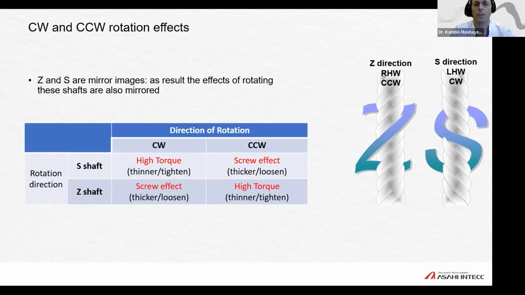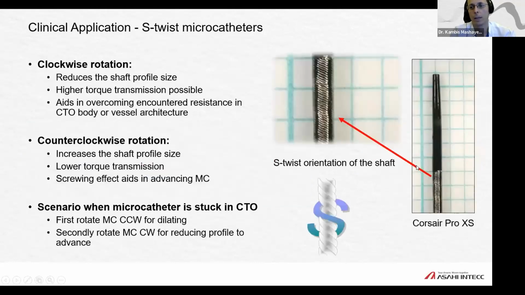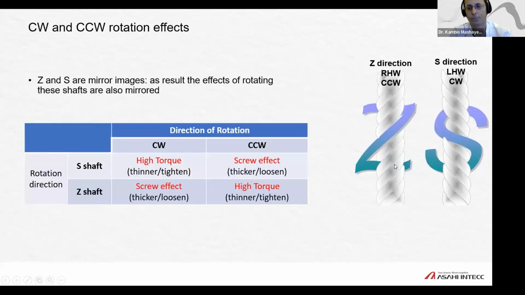Vice versa, when you rotate the S shaft clockwise, it will get thinner and more tightened.